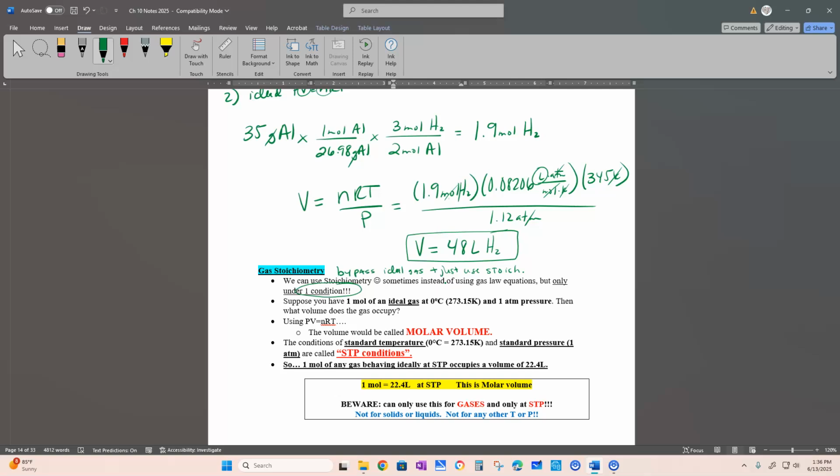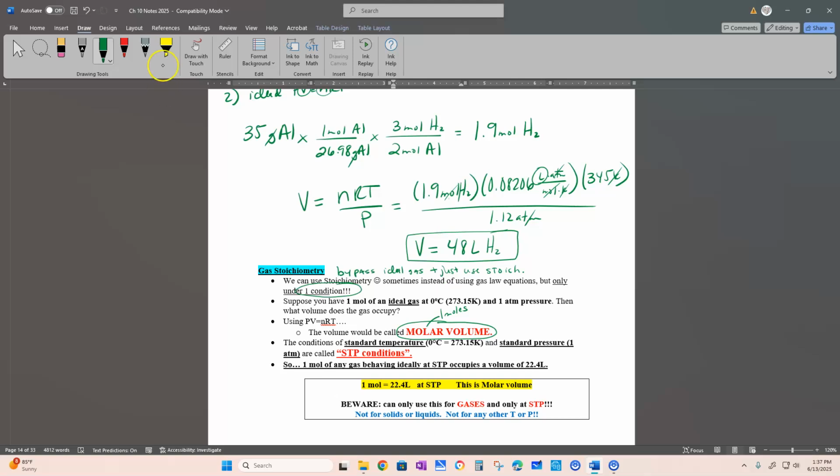So let's assume you have 1 mole of an ideal gas at 0 Celsius at 1 atm. Then what would be the volume? Well, the volume is called molar volume, because the word molar has to do with moles. So there is a cool trick.